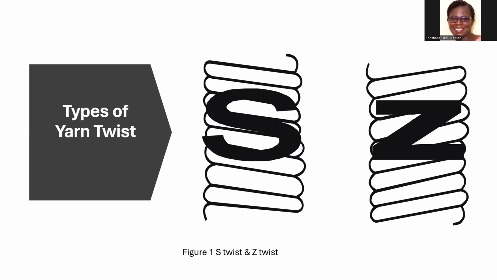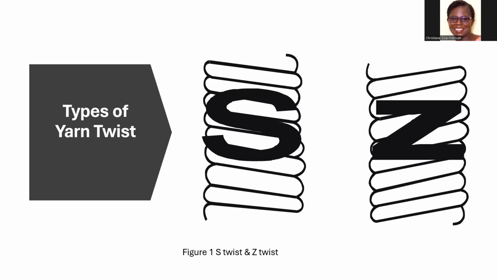So let's look at the Z twist. This one is the regular one we are talking about. The direction of the yarn is towards the right, unlike the other one, where the direction is towards the left. The Z twist is also called the regular twist or the right twist.